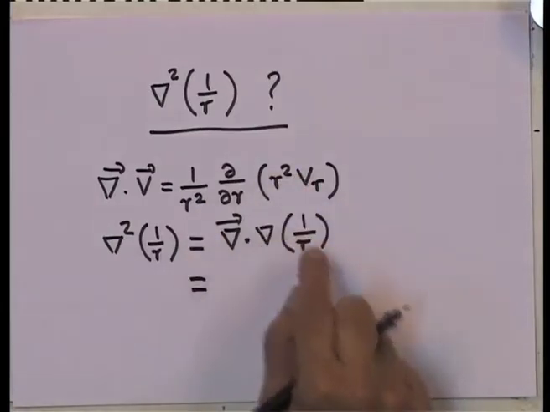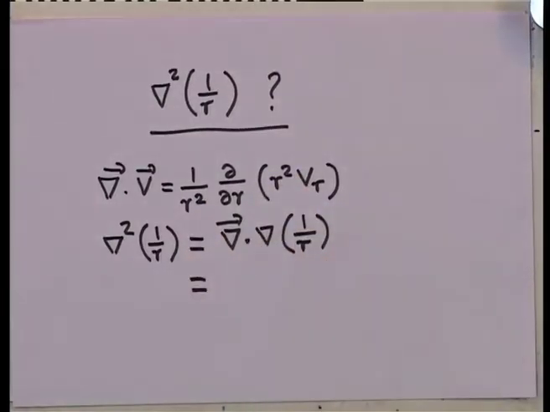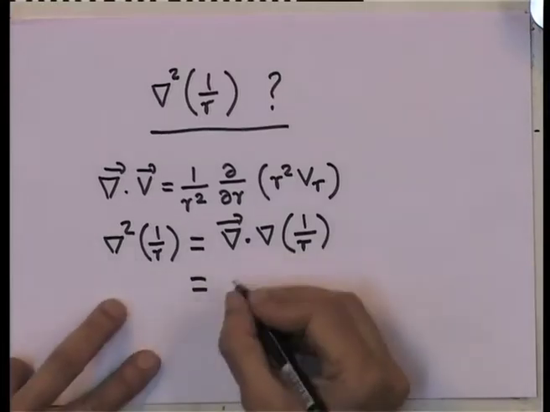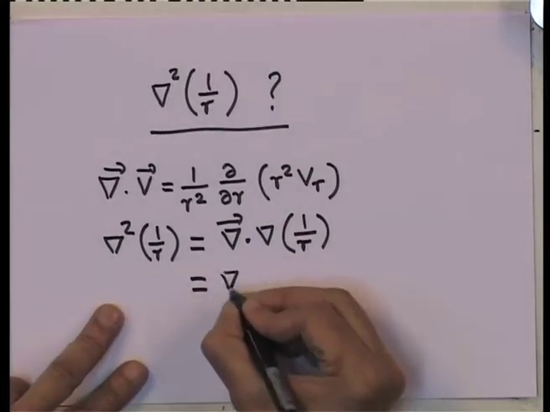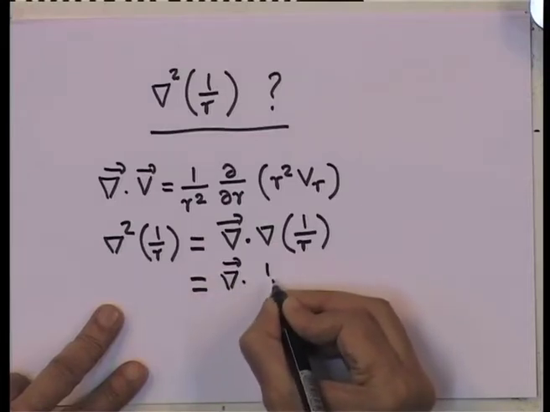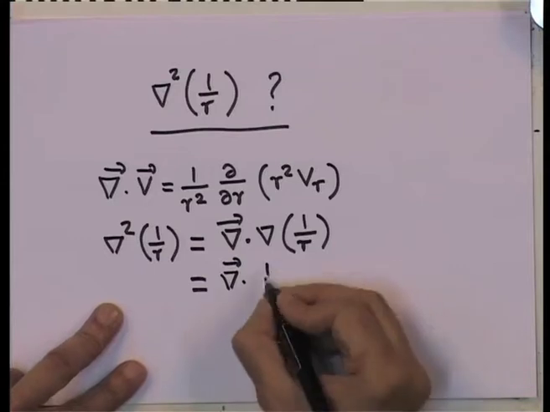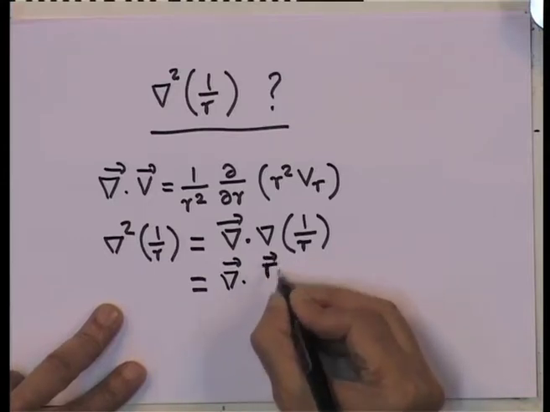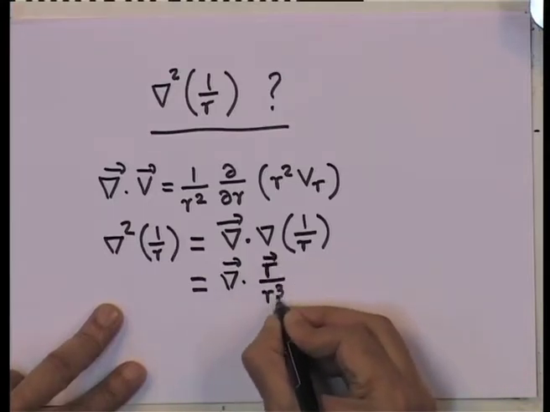So, del of 1 over r is a vector which is 1 over r square, along the unit vector r, which can be written as vector r by r cube.